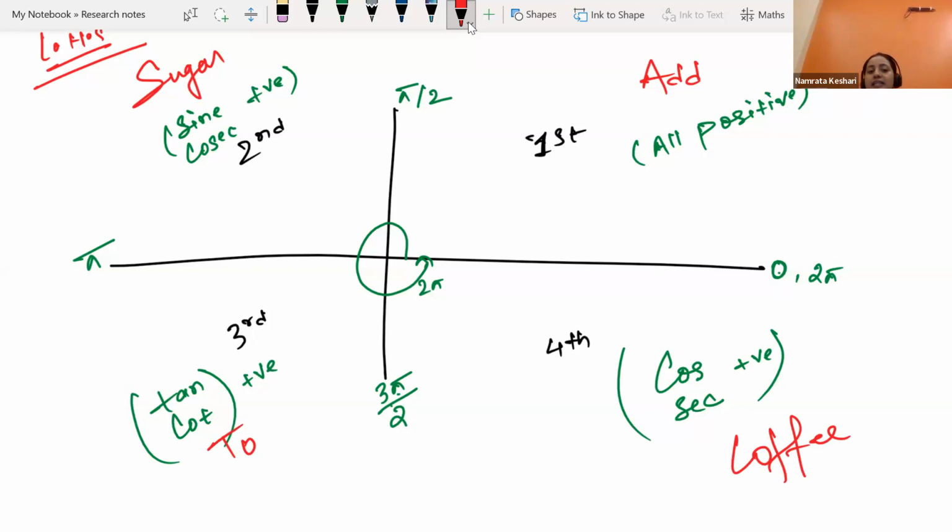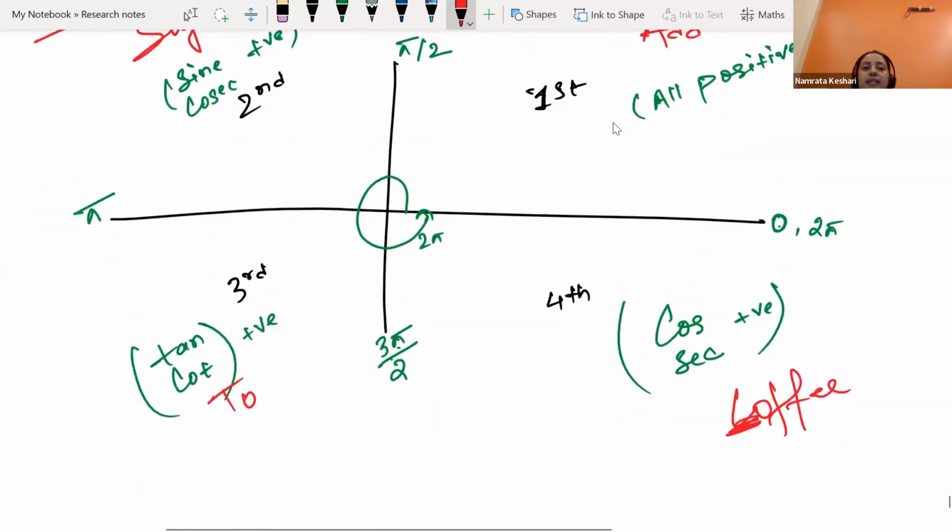In the third quadrant, T is there. T means tan is positive, and due to tan, cot will also be positive. In the fourth quadrant, coffee means C, the first alphabet C. That means cos is positive over here, and due to that, sec will also be positive. Okay, so in the exam, when you are unable to recall which one is positive in which quadrant, this statement will help you. Okay, yes, ma'am.